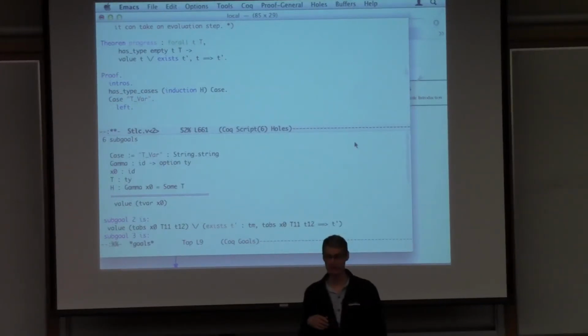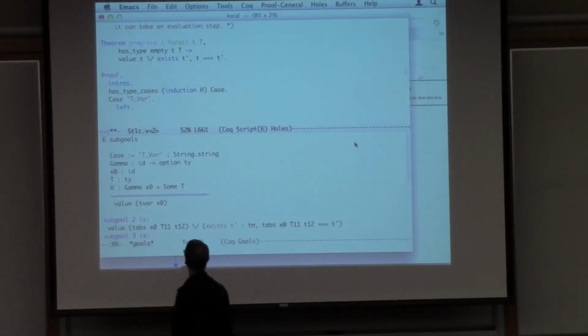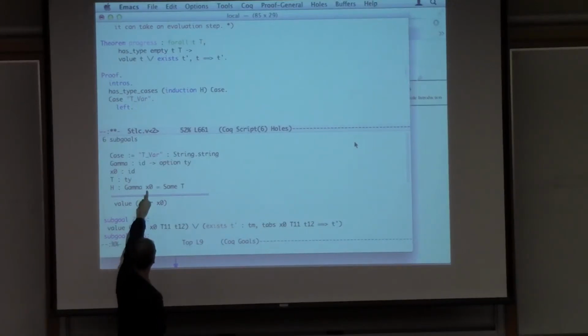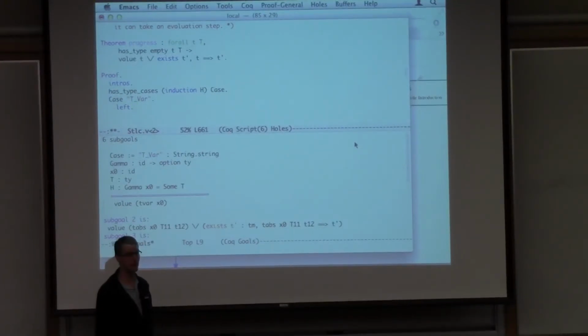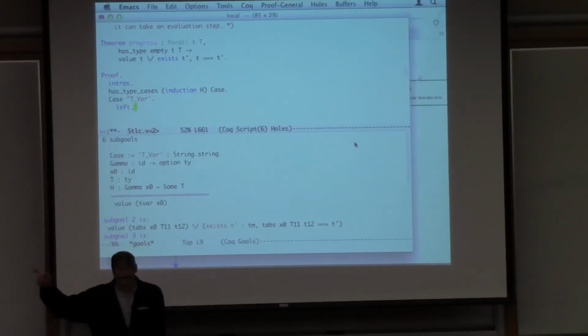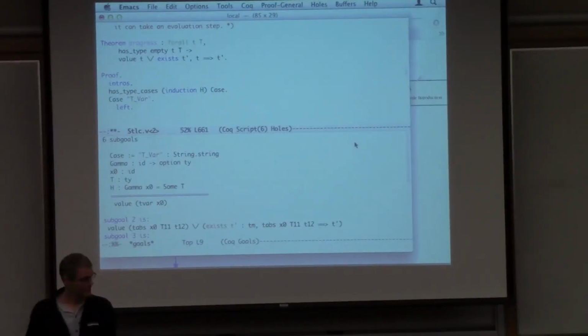Not inconsistent, but given just that gamma is an arbitrary context, and that looking up x0 in it gives us back a type, that's perfectly possible if gamma is an arbitrary context, then we're stuck.